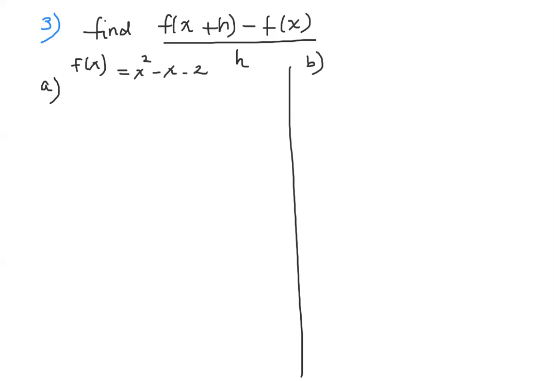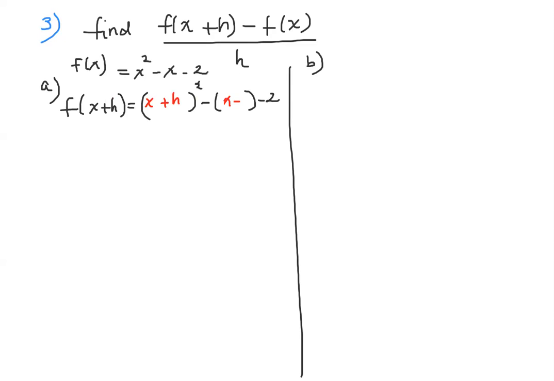First we have to find f of x plus h. That means we have to replace all the x by x plus h. So we get f of x plus h equal to (x plus h) squared, which means (x plus h) times (x plus h), minus (x plus h) minus 2.